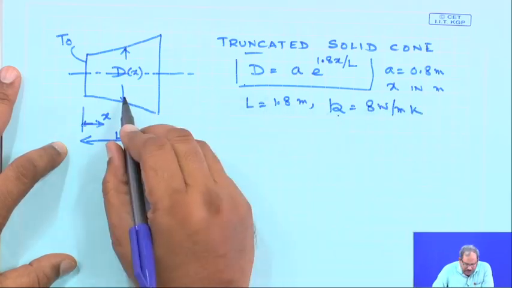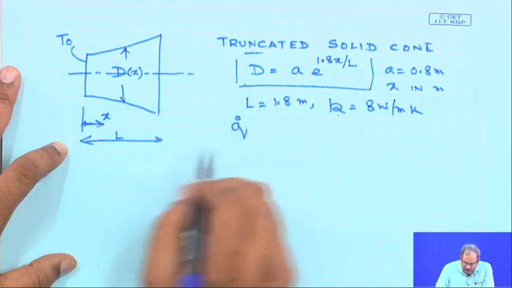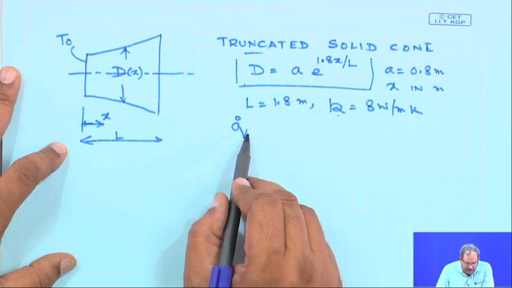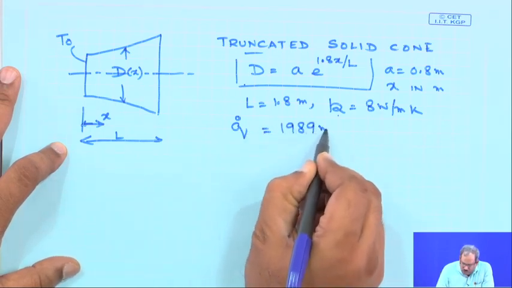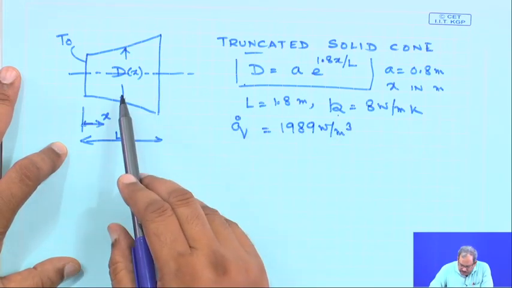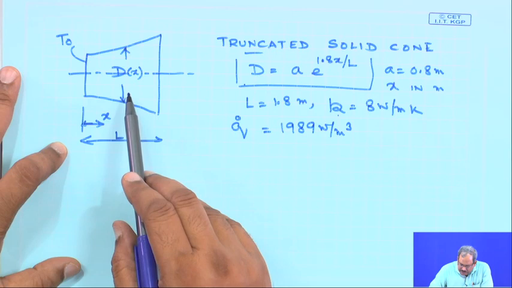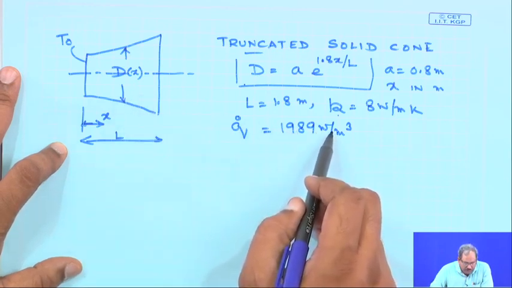This is the thermal conductivity of the material. However, there is a uniform heat generation in the cone of 1989 watt per meter cube.